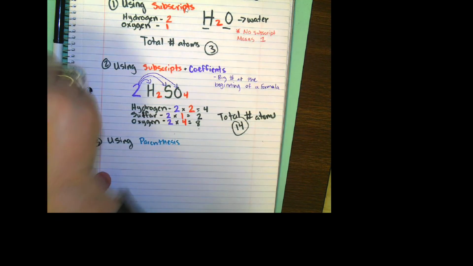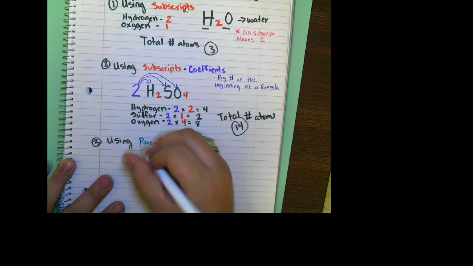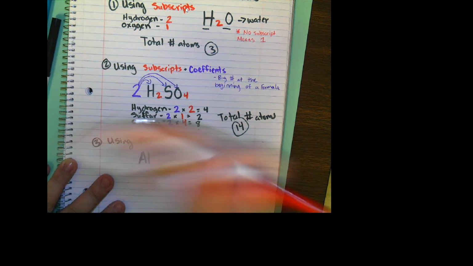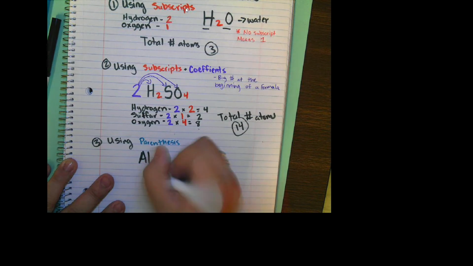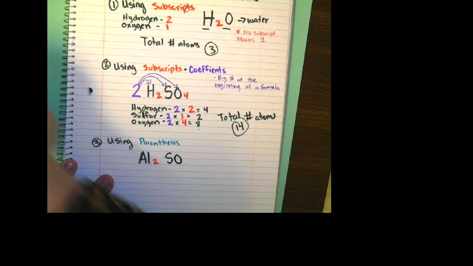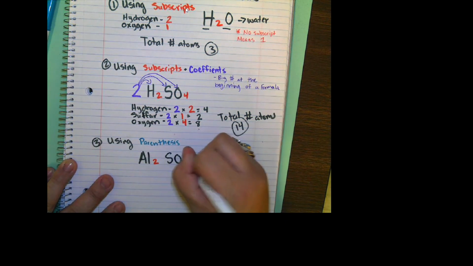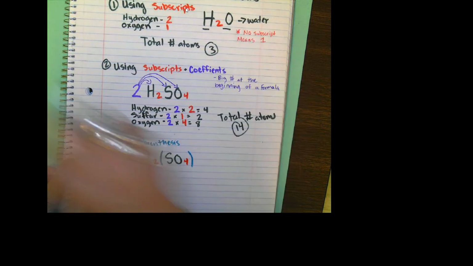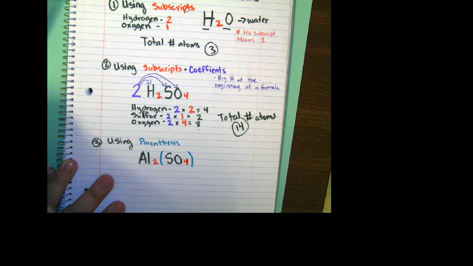All right, so I'm going to write my chemical formula. Let's do Al2SO4. Now I'm going to put my parentheses right here around the S and the O, and then my subscript behind it is going to be 3.